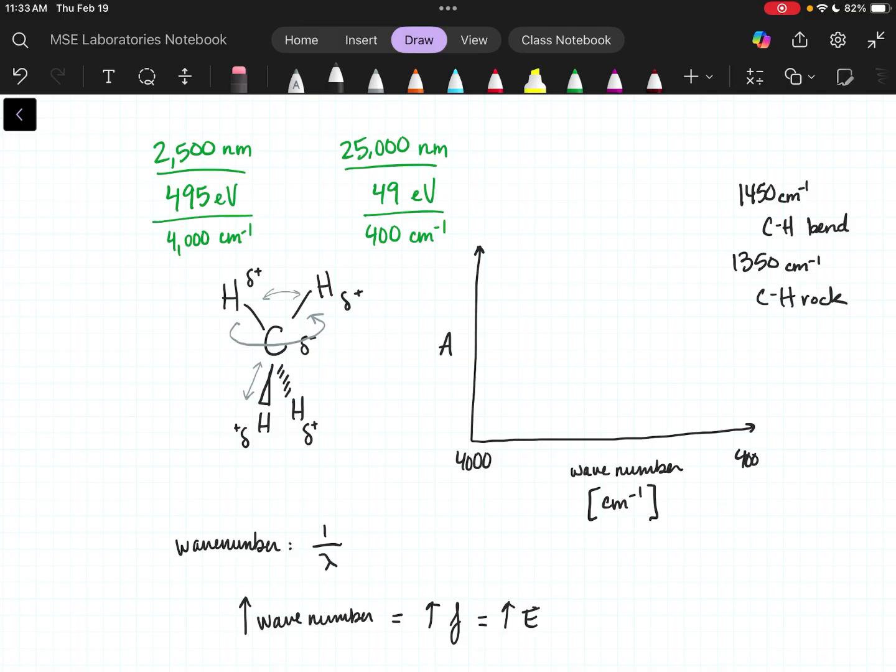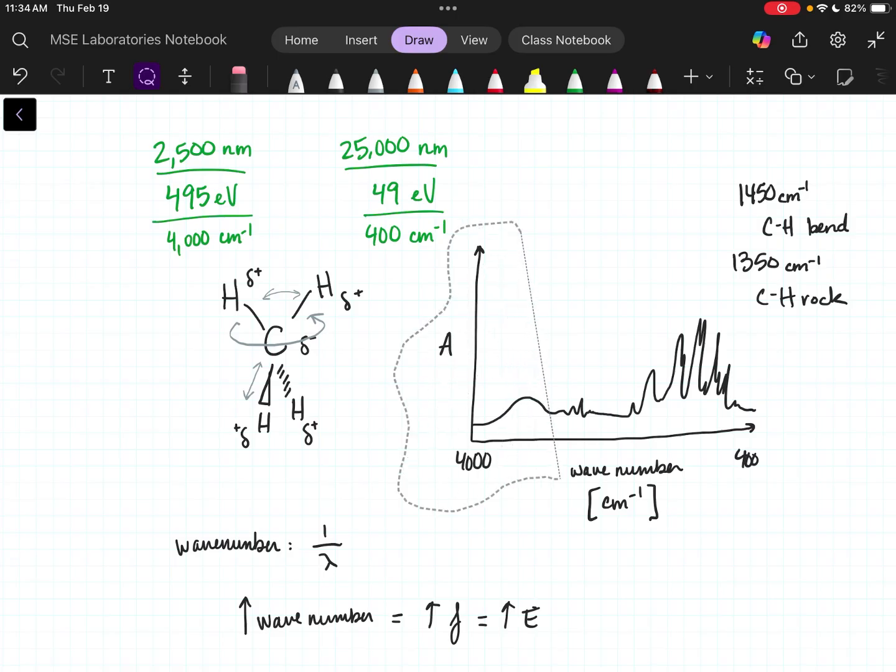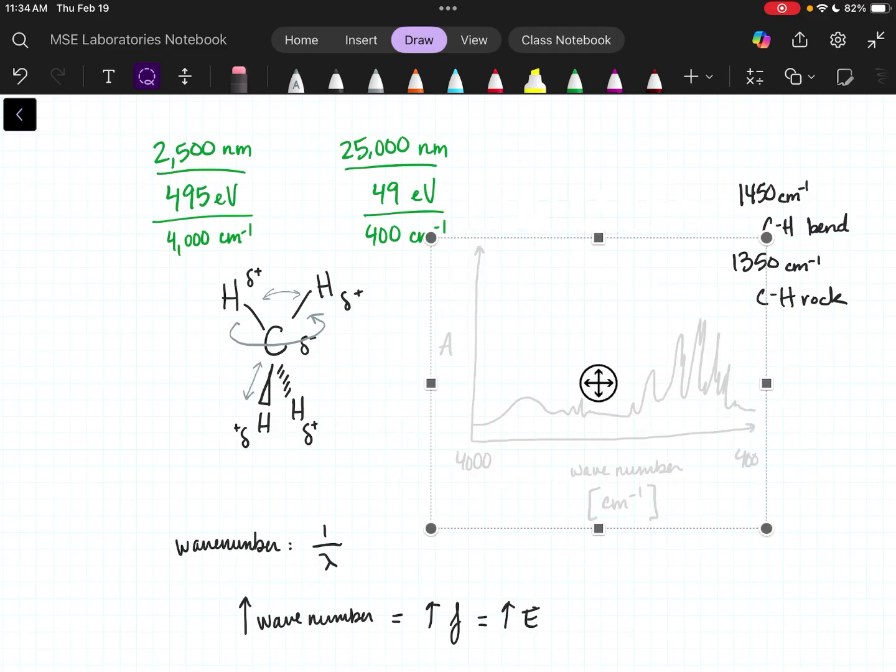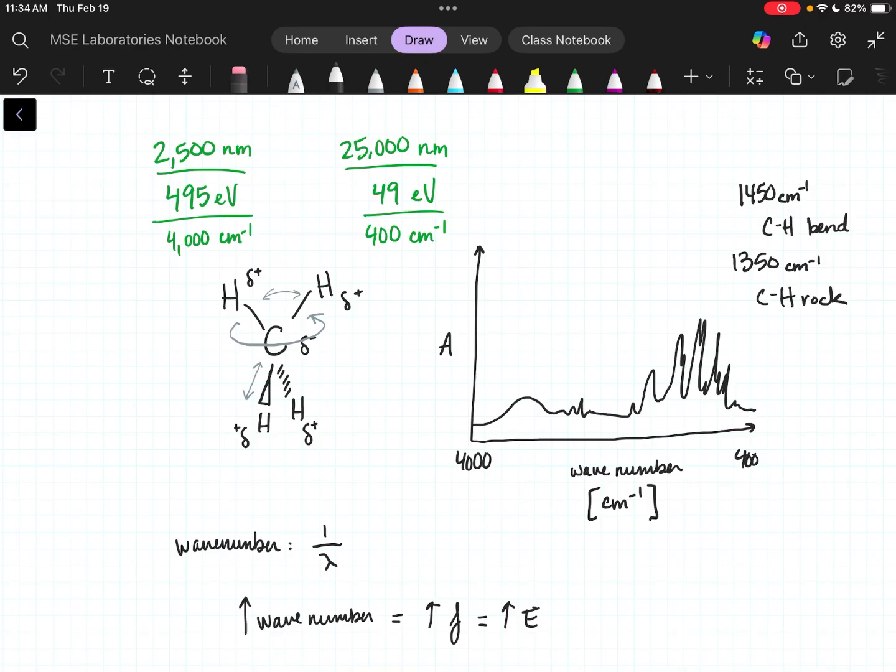And my y-axis on my graph is either going to be absorbance or percent transmittance. I will show you both. So absorbance, being A, I'm usually going to get something like this. We'll talk about the regions and what all of that means in a second.